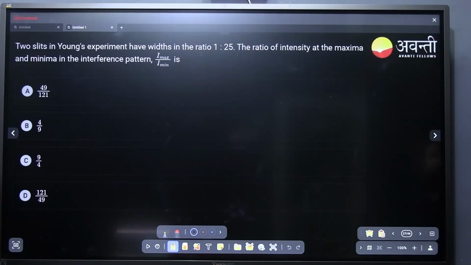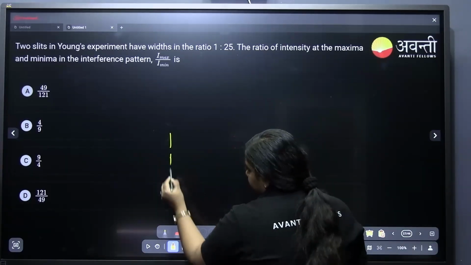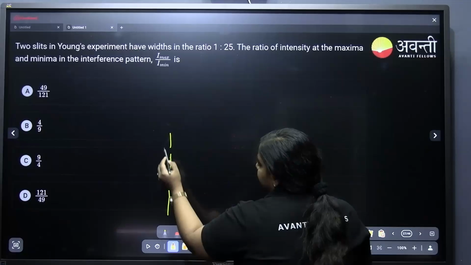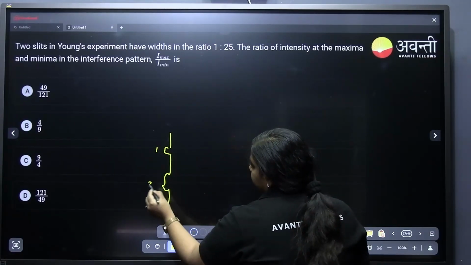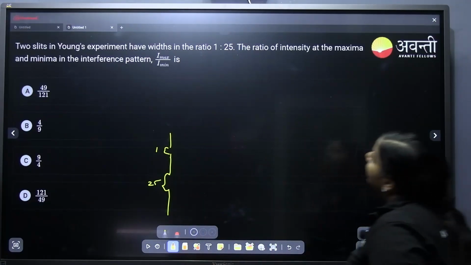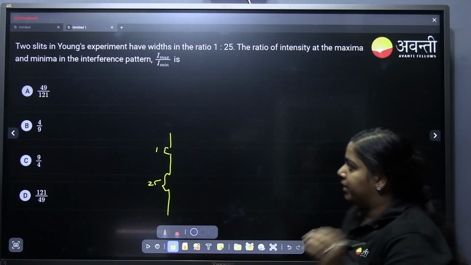Next is, two slits in Young's double slit experiment have widths in the ratio 1:25. So in the double slit experiment, one slit has width 1 and another has width 25. The ratio of intensity of maxima and minima in the interference pattern, I max by I min, is to be found.